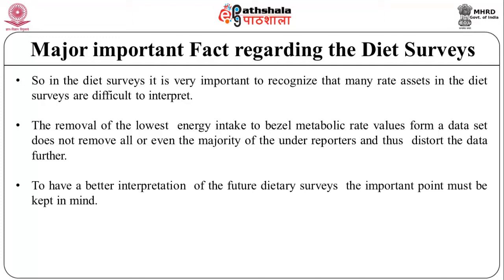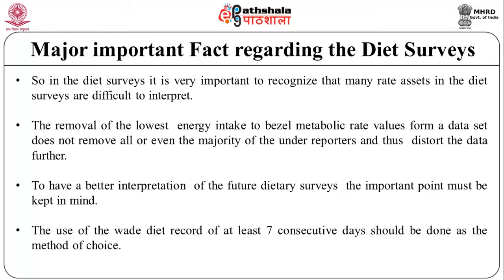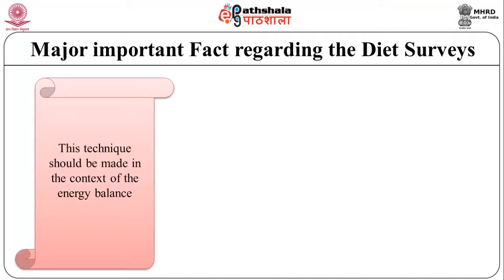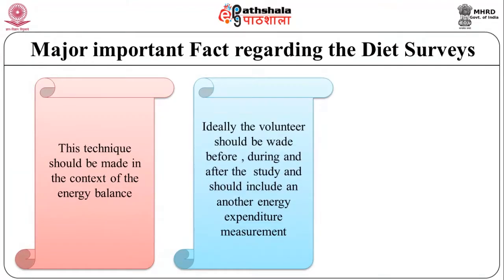To have a better interpretation of future dietary surveys, the important points must be kept in mind. The use of a weighed diet record of at least 7 consecutive days should be done as the method of choice. This technique should be used in the context of energy balance. Ideally, the volunteer should be weighed before, during and after the study and should include an energy expenditure measurement.